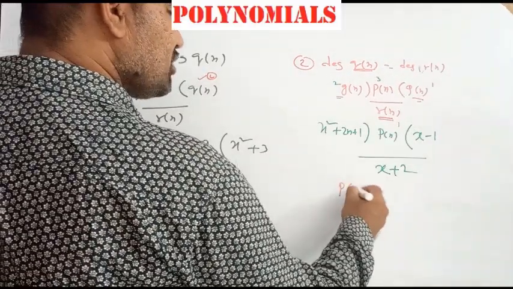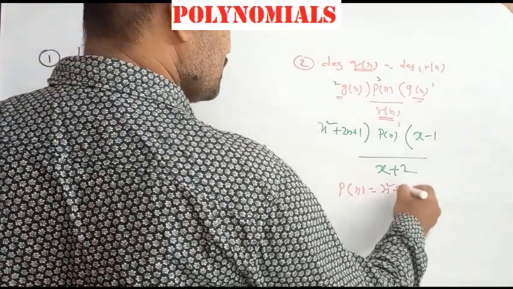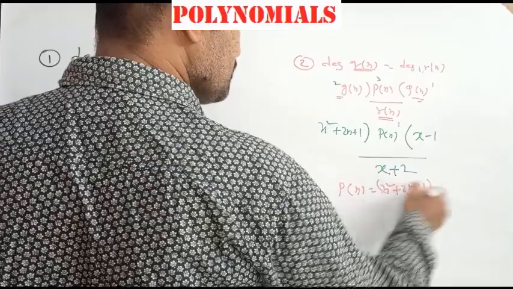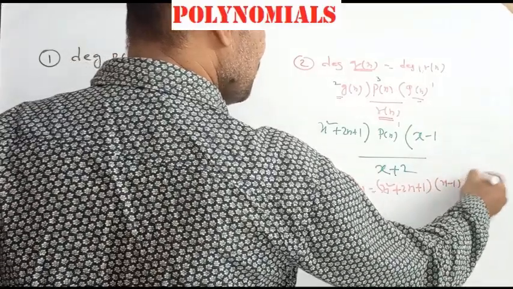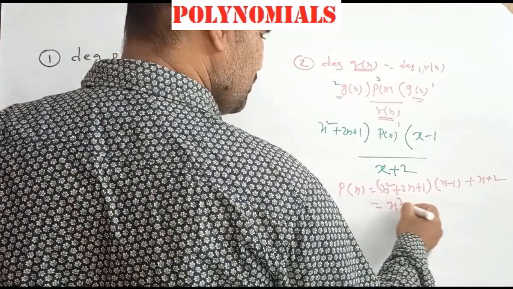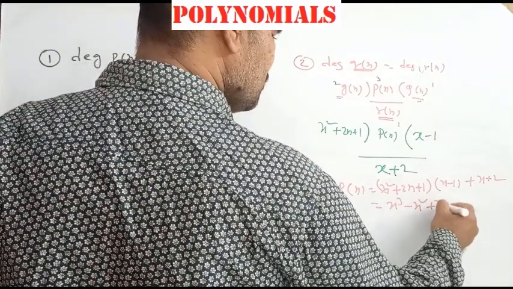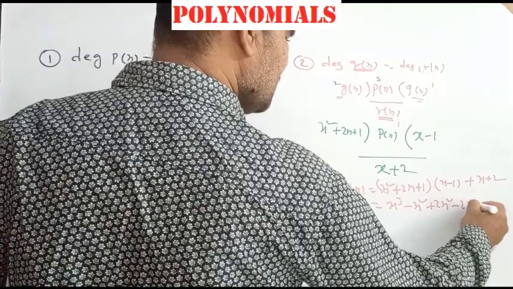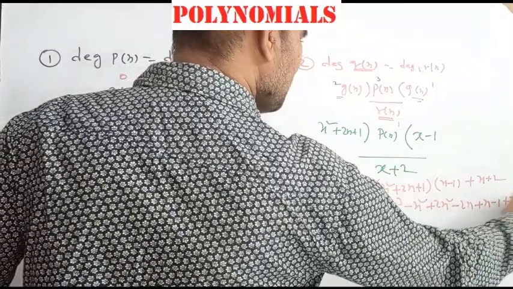So p of x is equal to x square plus 2x plus 1 into x minus 1, plus x plus 2. This is the same as x cube minus x square plus 2x square minus 2x plus x minus 1 plus x plus 2.